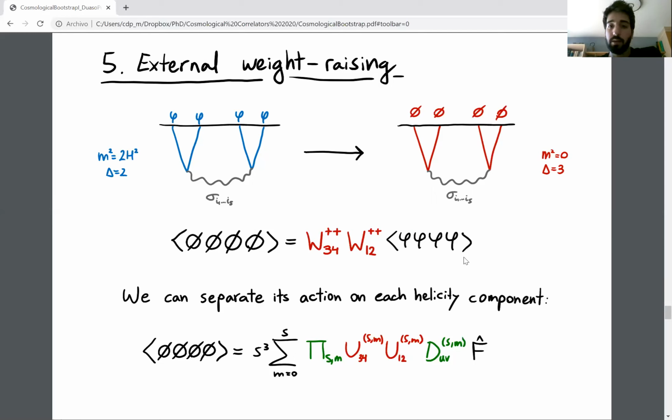If we write this decomposed in the helicity components that I mentioned in the previous slide, we can then see how these operators act on each helicity component separately. And this is what I've written here. So these U12 and U34 are these W++ after commuting with the polarization tensors, the polarization sums.